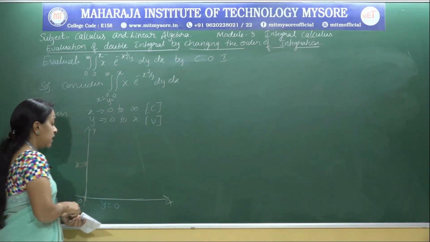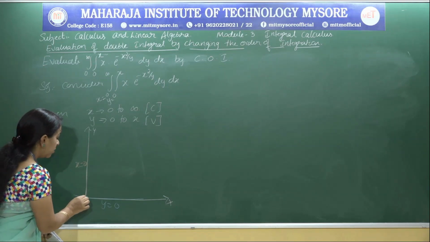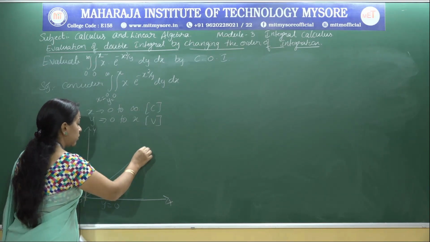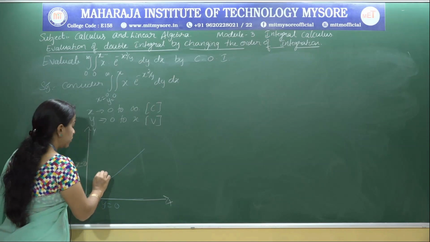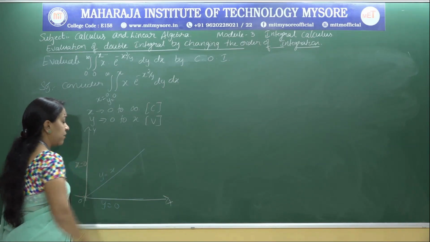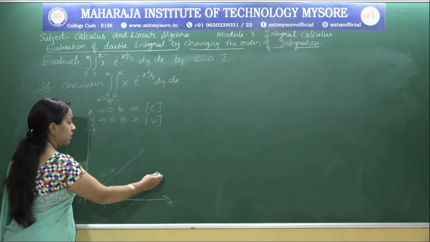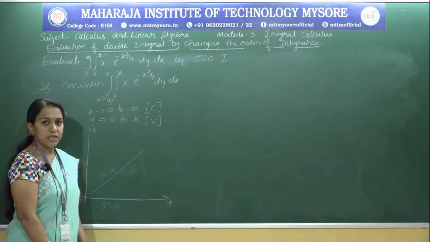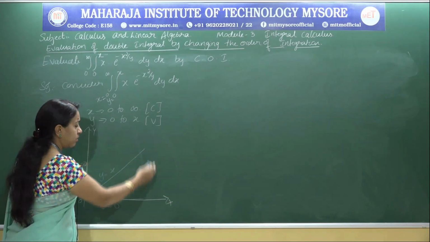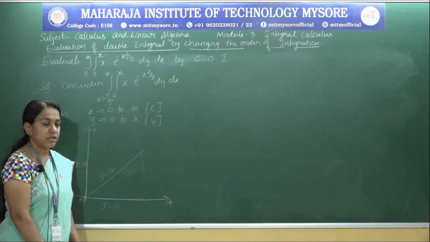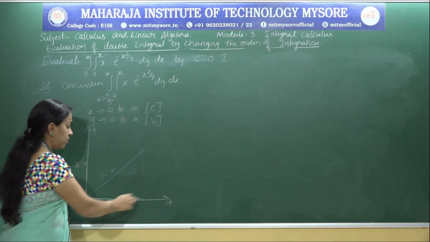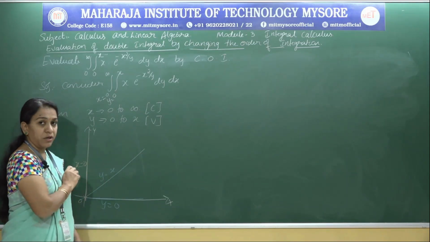And y equal to x is the equation of a straight line passing through the origin. x equal to infinity, I have to mark somewhere a line parallel to the y axis, right? x equal to infinity will be somewhere here, I do not know where it is. So this will be our bounded region.